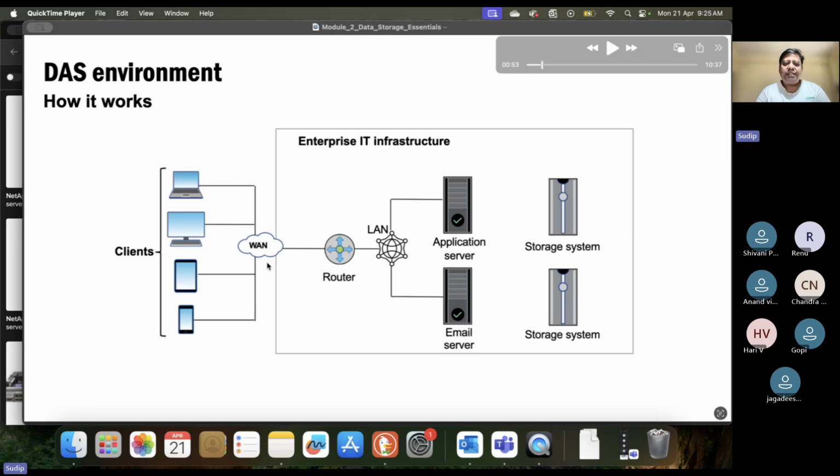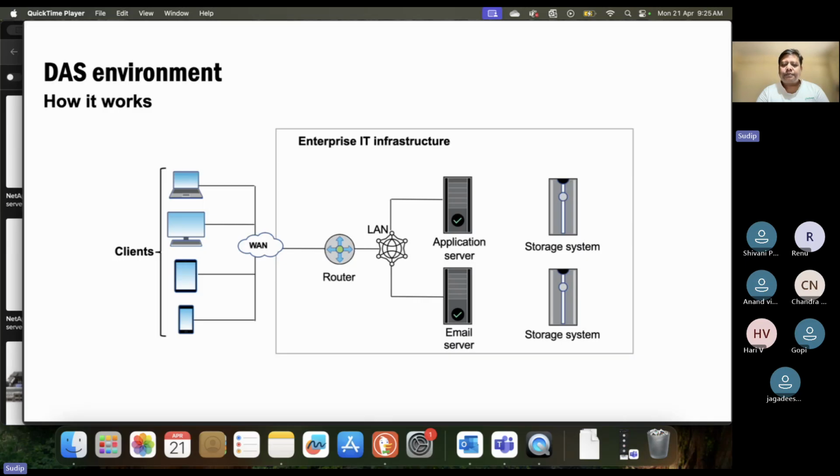And whenever you see a cloud with WAN or internet written, that means whatever is getting connected there is getting connected over the internet. That means it's not part of the local network. So this is how you start to understand the various diagrams.